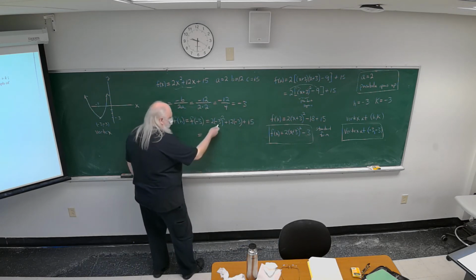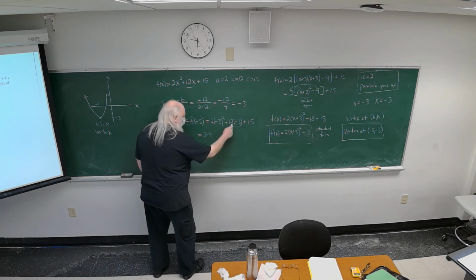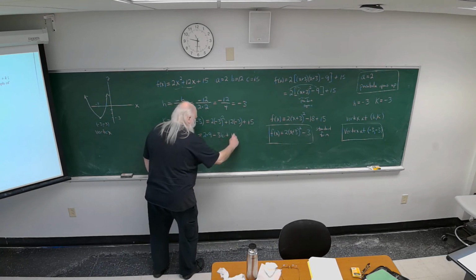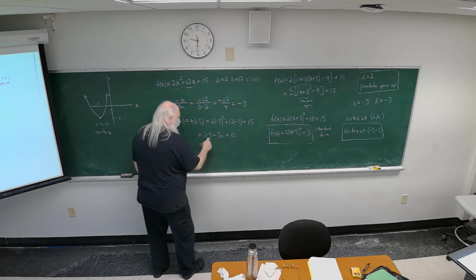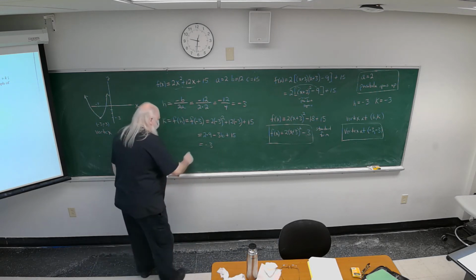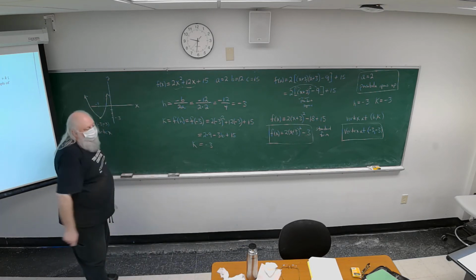Going into PEMDAS, -3 squared is 9, and 12 times -3 is -36, plus 15. 18 minus 36 is -18, plus 15 gives -3. k is equal to -3, same as what we got over there.